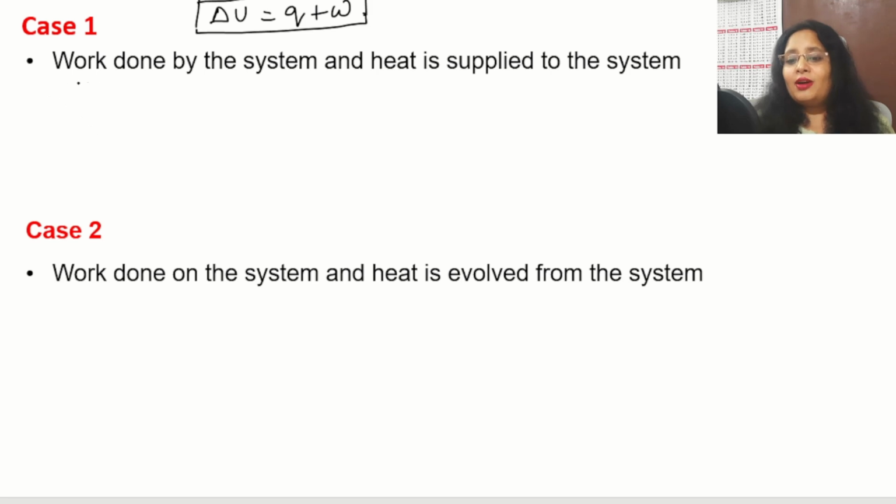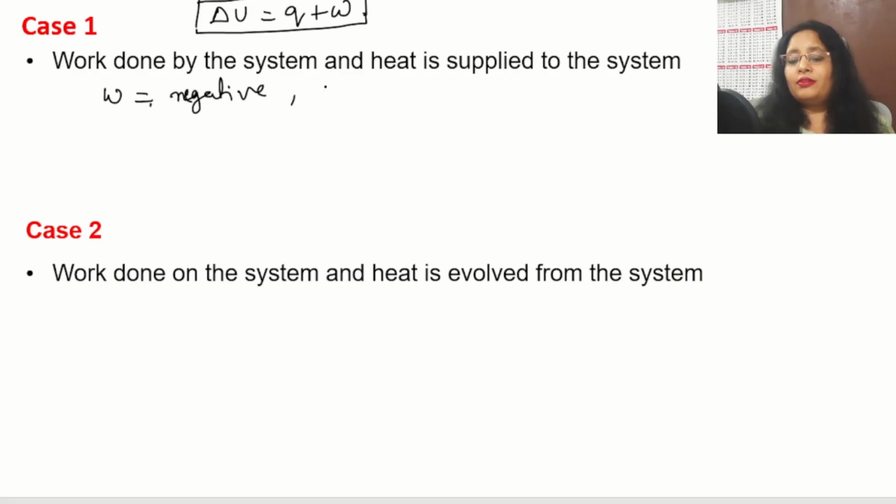Now if the work is done by the system and heat is supplied to the system, in that case what will be the first law of thermodynamics? There will be a slight change. In that case, work is done by the system, so W will be negative because energy will be going down.